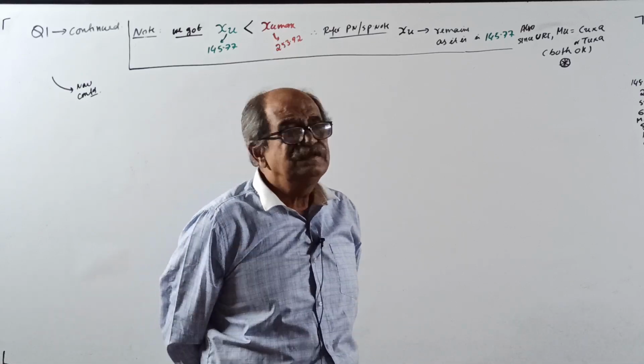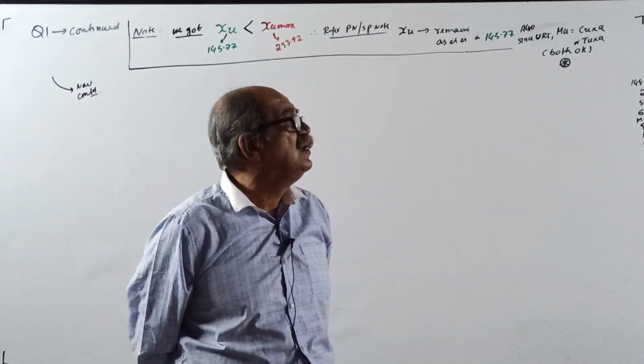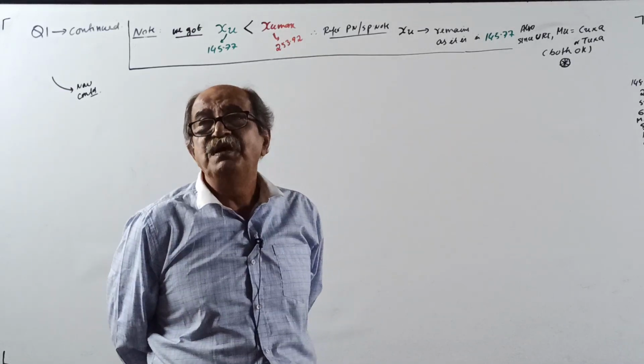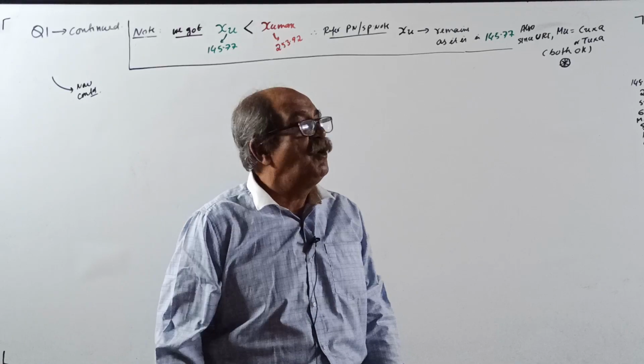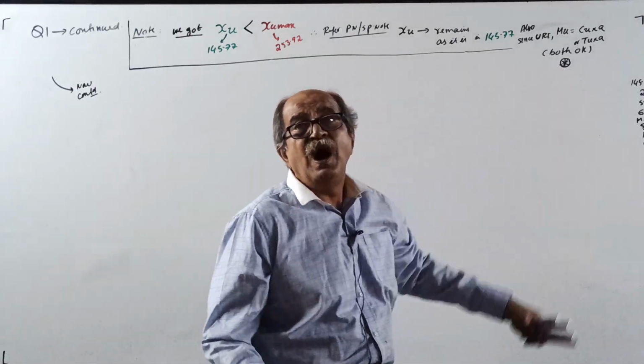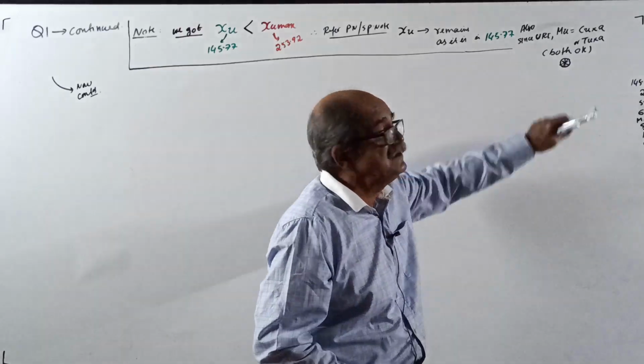Somebody will ask, sir, why is working stress not allowed and limit state allowed? It has a concept, which is the basic of RCC. If you want to learn RCC, what I will tell in that class is important.